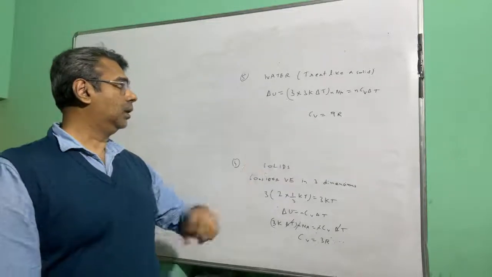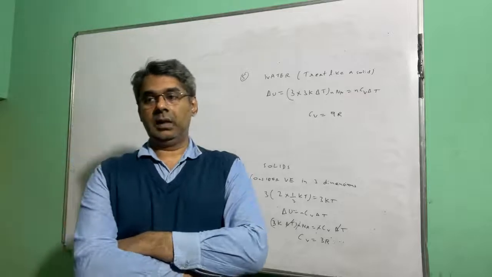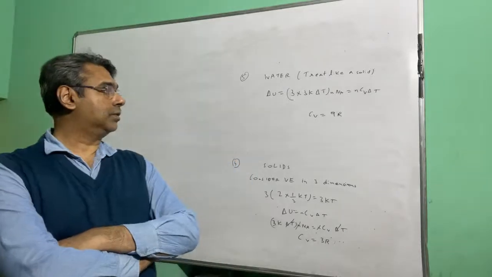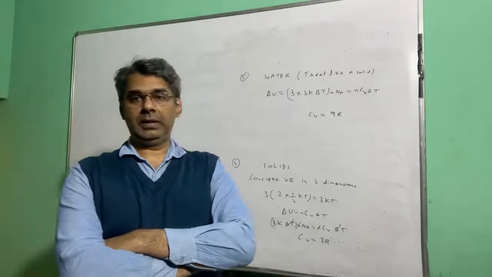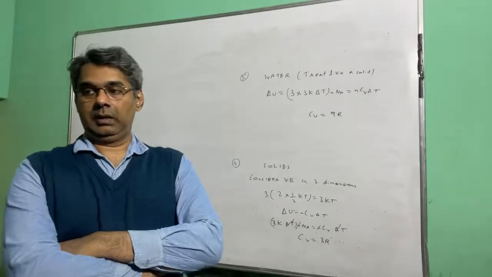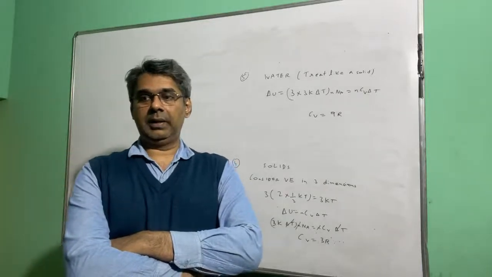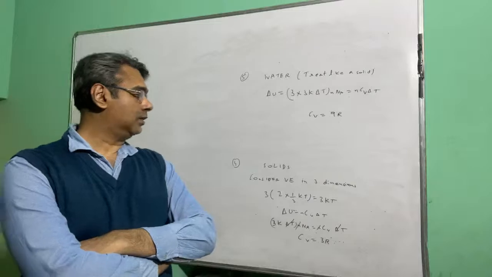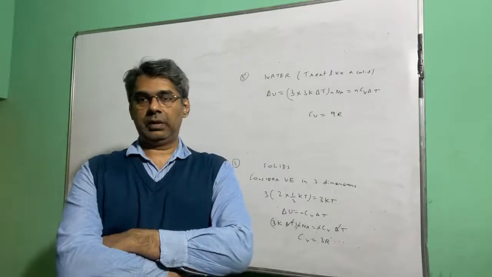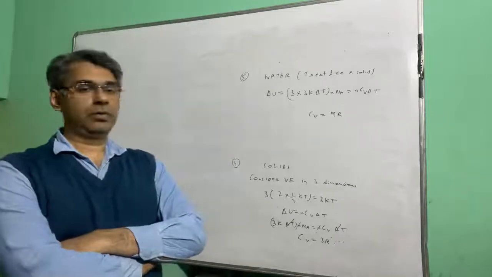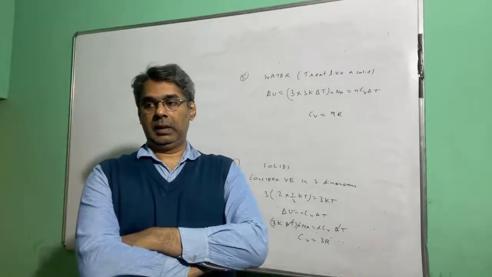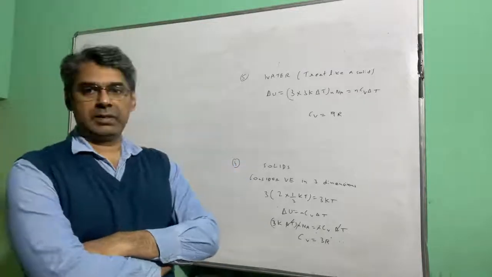So these are all the different concepts, and then of course we discussed how to find Cv for monoatomic, diatomic, polyatomic, how to find Cv for solids, how to find Cv for water, and correspondingly how to find gamma for monoatomic, diatomic, polyatomic, all that we have discussed, right?